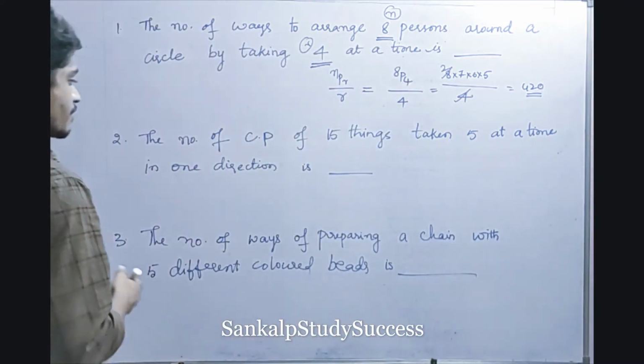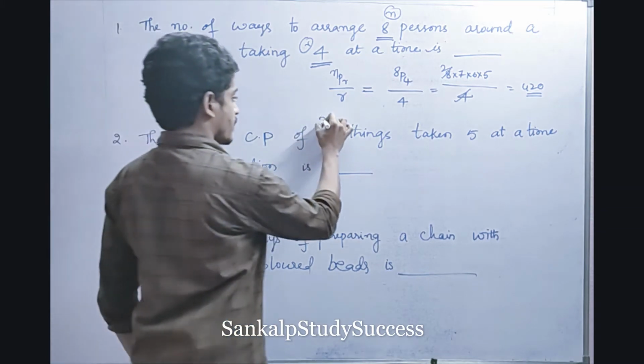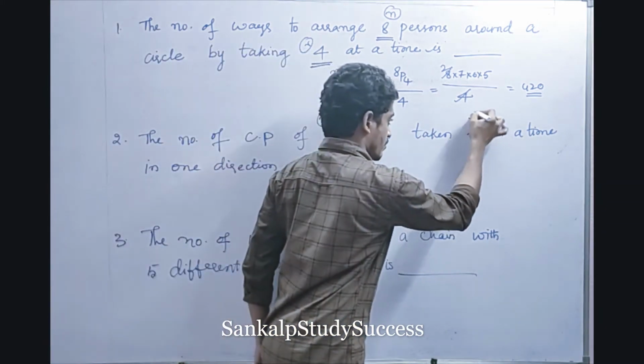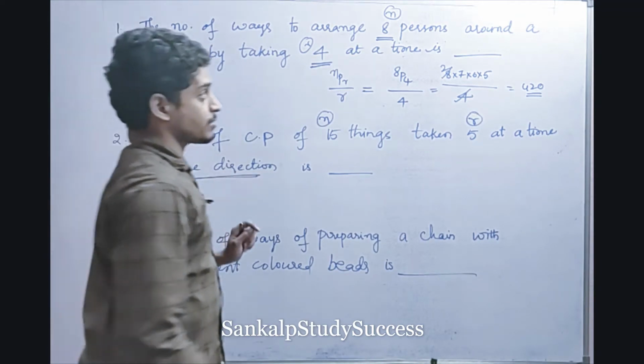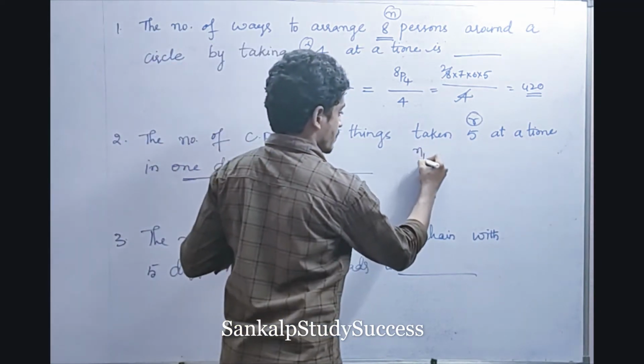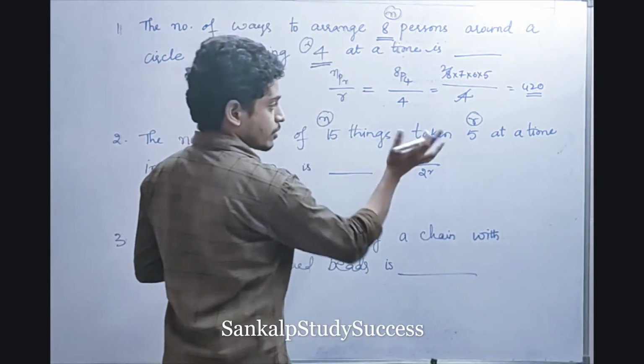Next, the second one. The number of circular permutations of 15 things taken 5 at a time, in one direction. This is very important. In one direction means the formula is nPr divided by 2 into r. So n is 15, r is 5.